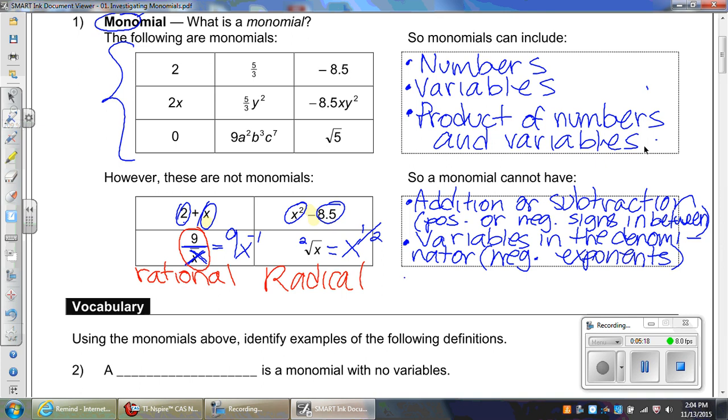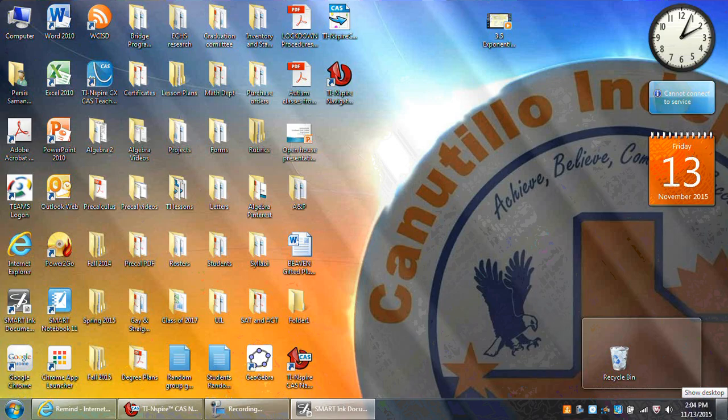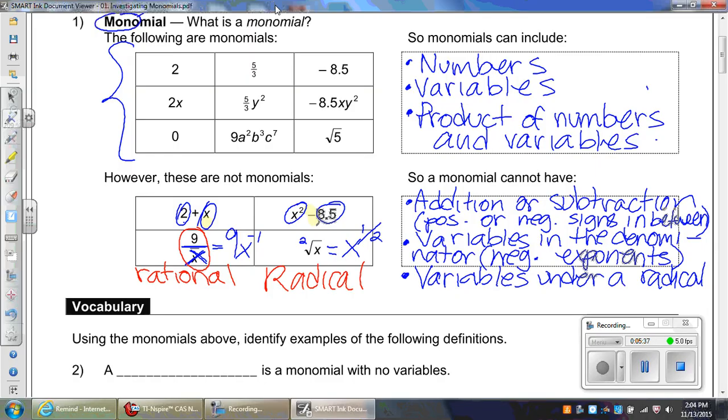And also, monomials cannot have variables under a radical, for example, the square root, the third root, the fourth root, and so on.